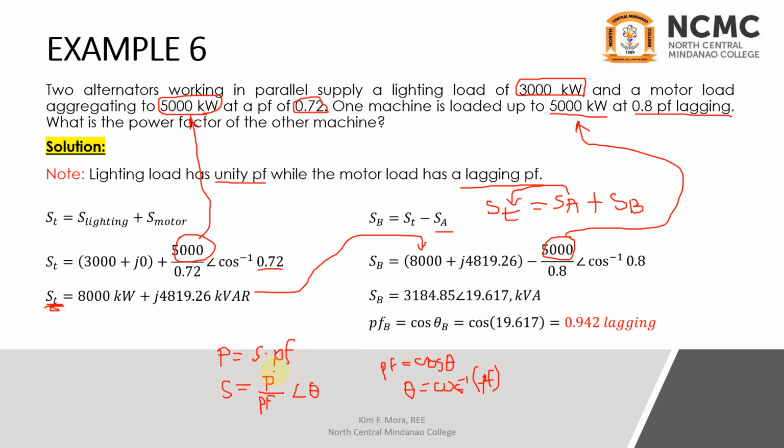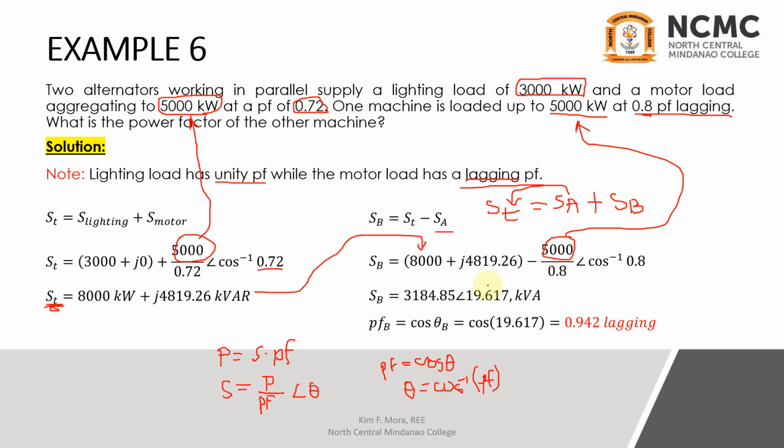So to solve for S, that is equal to power over the power factor angle theta. We have a 0.8 power factor lagging, and like the motor earlier, it is lagging, so the angle is positive.